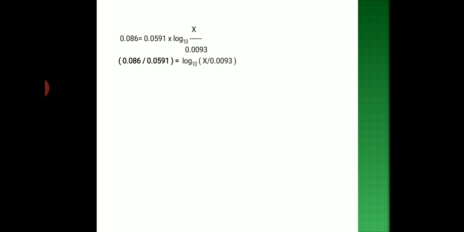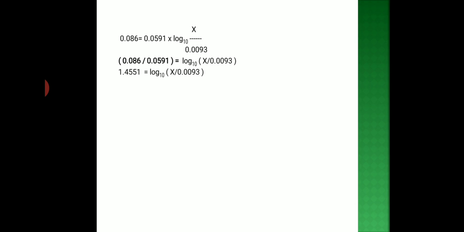When we are shifting the 0.0591 multiplication to the right hand side, it will become division. So 0.086 divided by 0.0591 is equal to log to the base 10 of X upon 0.0093 as it is. Why? Because one is unknown, one is known, we can't do log of it.